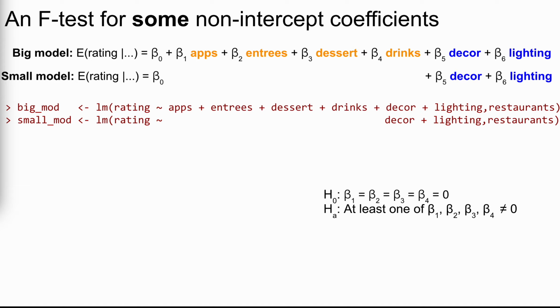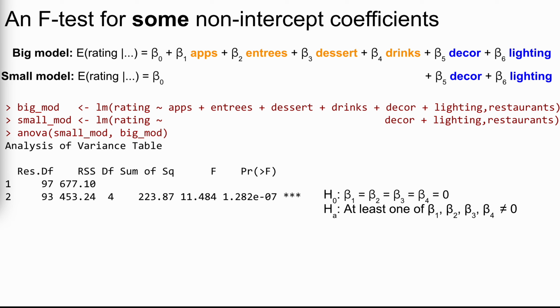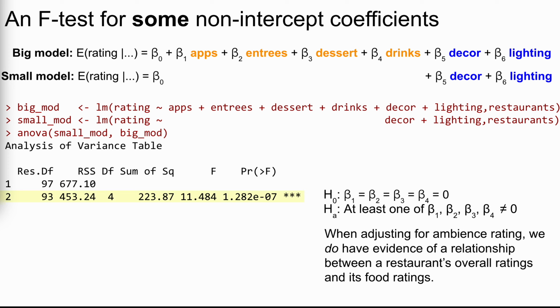Again, since this hypothesis goes beyond testing a single coefficient, but not as far as testing all coefficients, we need to fit both models here, and then compare them using the ANOVA function, small and then big model. The small p-value in the ANOVA table here indicates that we can reject the null hypothesis.